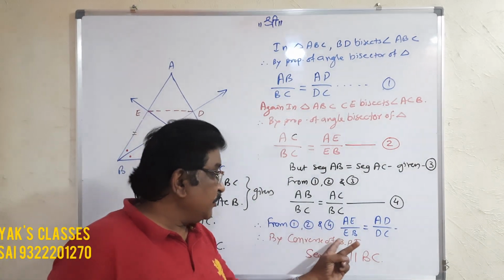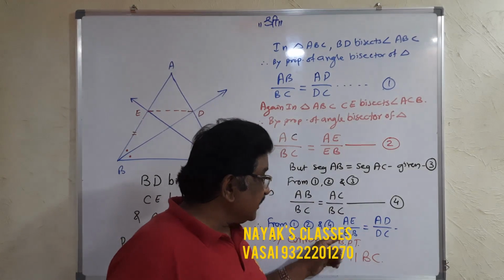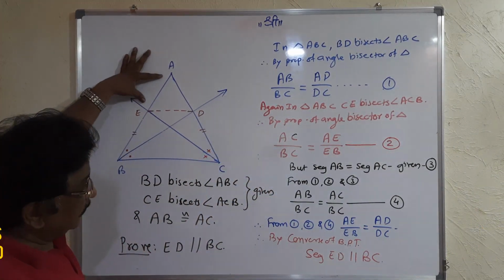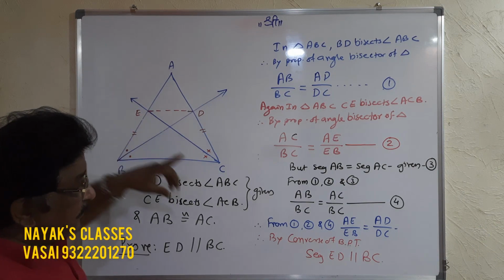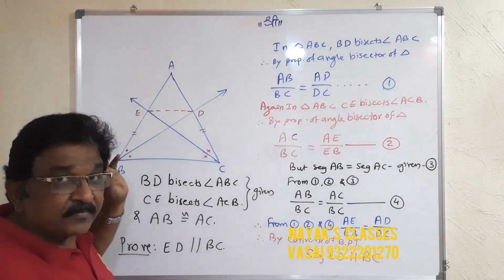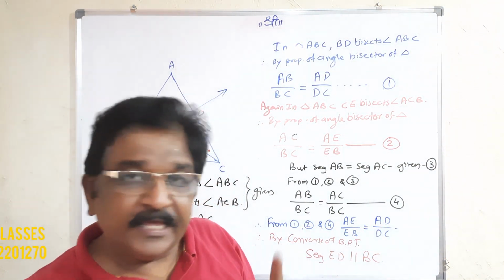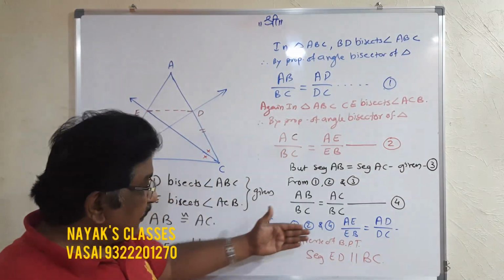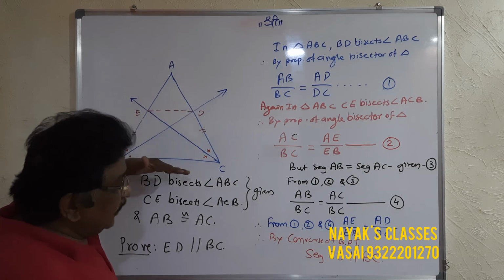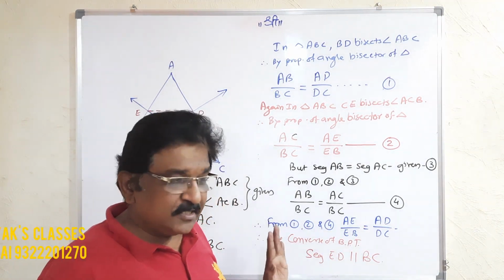So this ratio we got: AE upon EB equals AD upon DC. By converse, when ratios are equal, lines are parallel. So ED is parallel to BC.